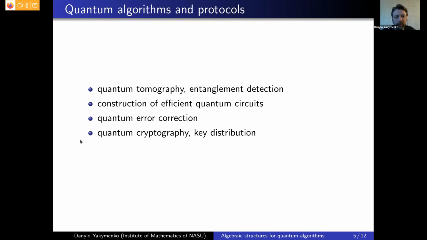Another topic, which I also call modern quantum science, is quantum cryptography, specifically key distribution. There are, of course, many other quantum research areas like quantum simulations and quantum machine learning, but I will mostly be concerned with these research branches.